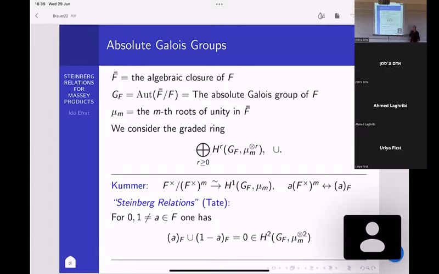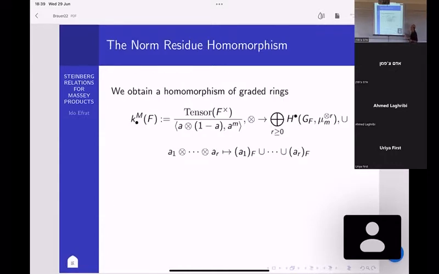I guess it is well known here, but we say it anyway, that this led to wonderful developments related to the norm residue homomorphism. Yes, we have a homomorphism of graded rings, where the target is our cohomology graded ring, and the domain is the Milnor K ring.